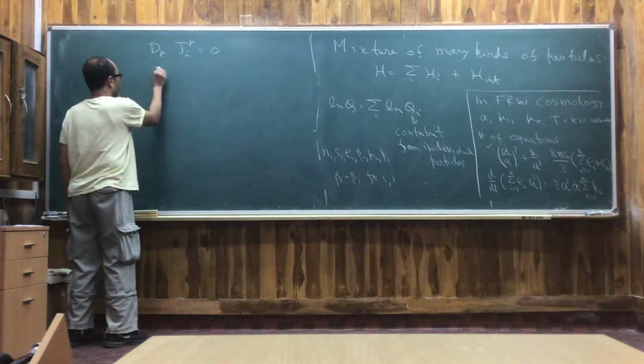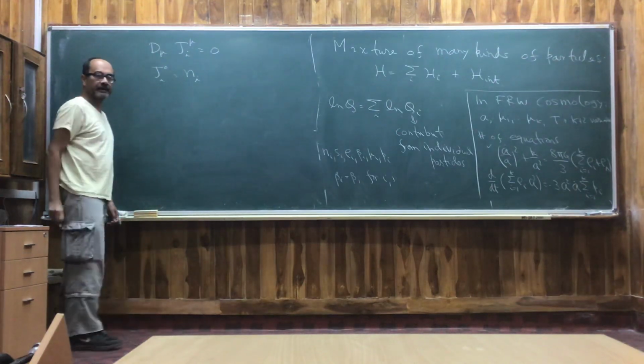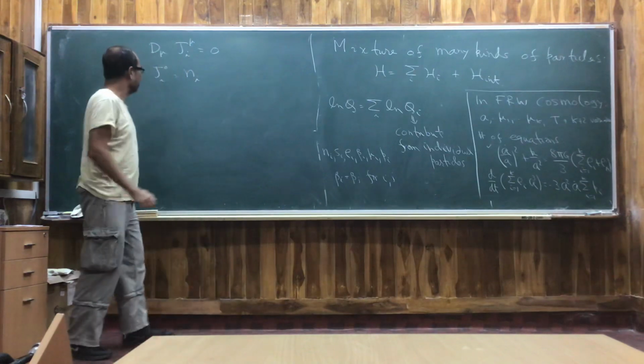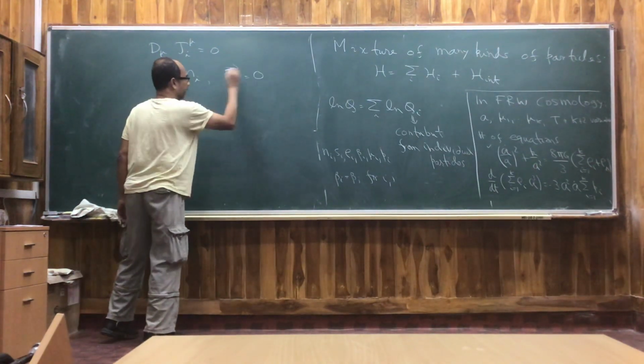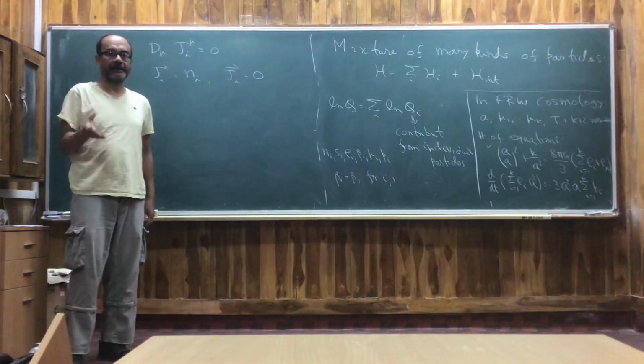What is g_i^mu? g_i^0 is basically n_i, the number density, the number of particles of the ith type, and the vector g_i is 0. That's why it's isotropic. It cannot go in any direction; all directions are the same.